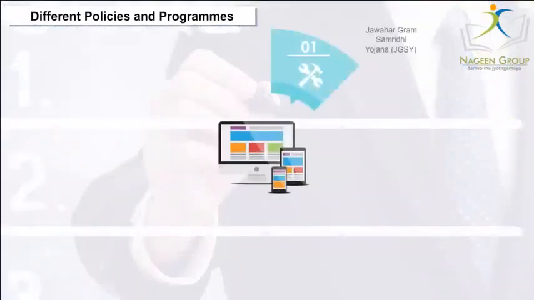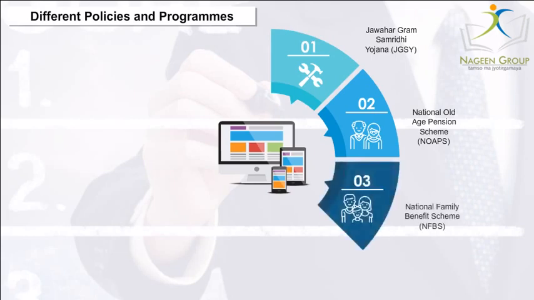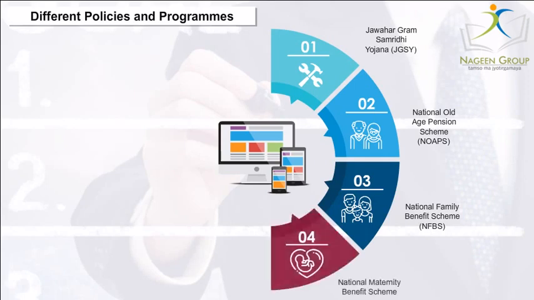They are: 1. Jawahar Gram Samriddhi Yojana or JGSY, 2. National Old Age Pension Scheme or NOAPS, 3. National Family Benefit Scheme or NFBS, 4.